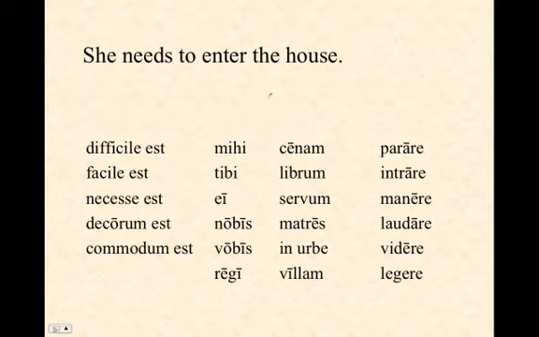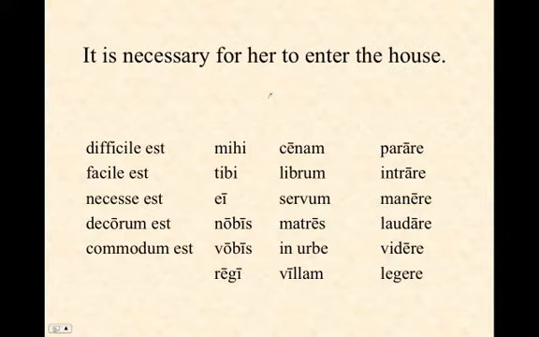Now let's get some practice putting these together. All of the words you need are down below. Let's translate from English into Latin. She needs to enter the house. The first thing we'll need to do is convert this into the normal pattern that will translate directly into Latin. It is necessary for her to enter the house.